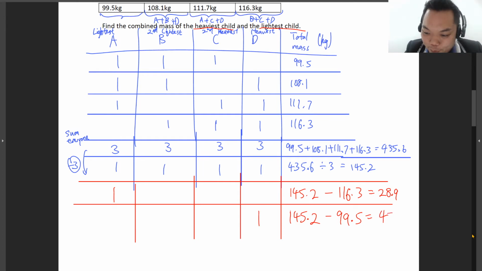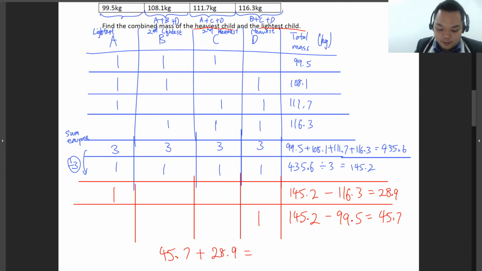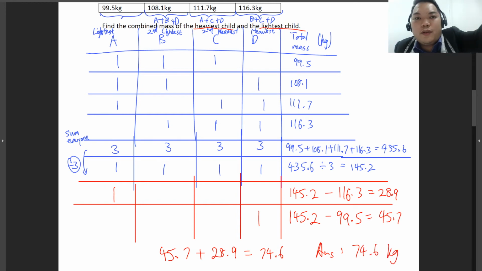So this will give you 45.7. So the heaviest and the lightest child's total combined mass would just be 45.7 plus 28.9. That will give you 74.6. The answer here is 74.6 kg. Okay, very good.